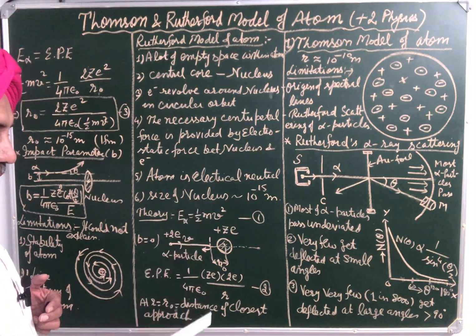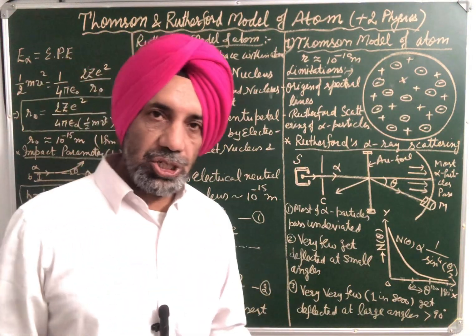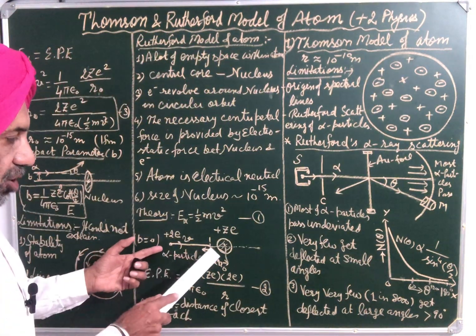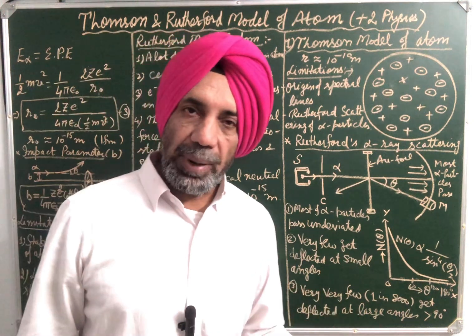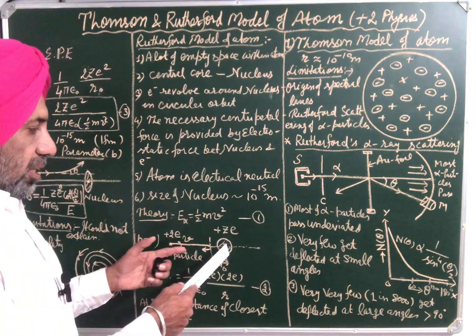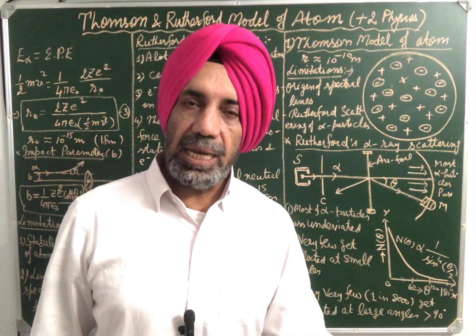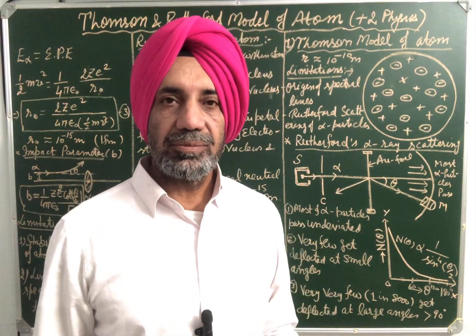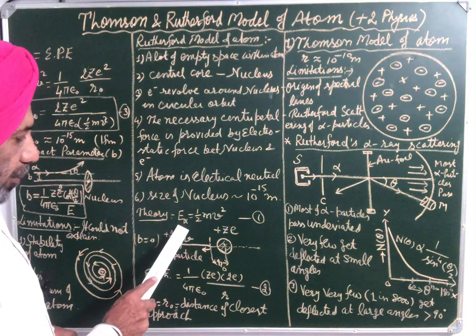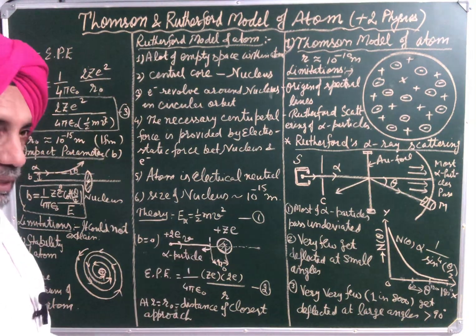At the distance of closest approach, the kinetic energy of the alpha particle becomes equal to the electrostatic potential energy of the nucleus and the alpha particle. The alpha particle kinetic energy is half mv square.